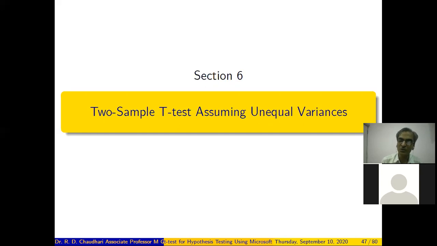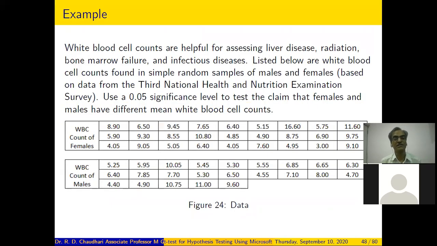So for applying the two sample t test, the first step is to apply the F test for equality of variances. If the variances are equal, then use two sample t test assuming equal variances. If the variances are not equal, then use two sample t-test assuming unequal variances, right?